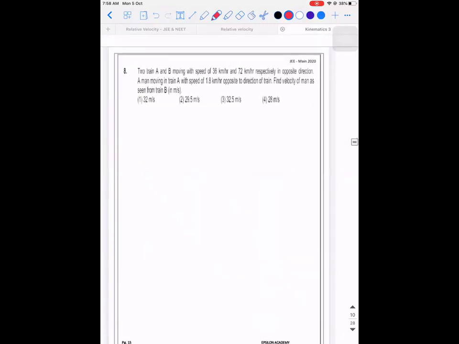There's a 2020 question. They are given two trains A and B moving with a speed of 36 km per hour and 72 km per hour respectively in opposite direction. A man moving in train A with a speed of 1.8 km per hour opposite to the direction of train. Find the velocity of man as seen from train B.